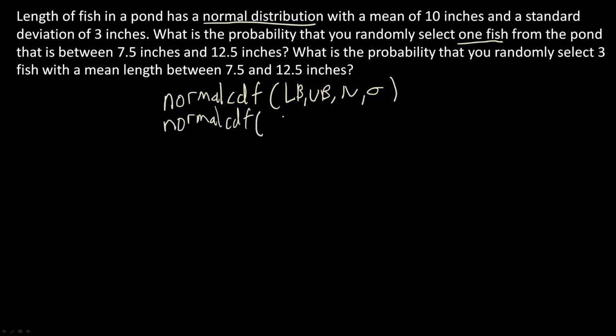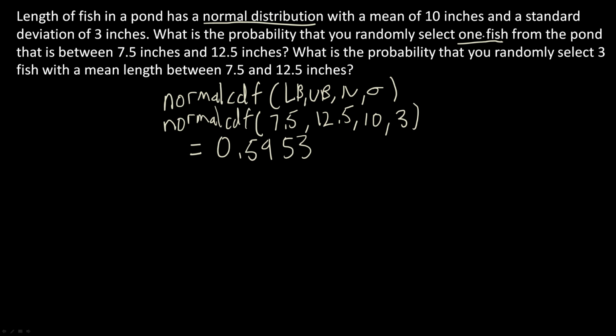We get the lower bound, which is 7.5 inches, the upper bound of 12.5 inches, the mean of 10 inches, and the standard deviation of 3 inches. If you insert this into your calculator, you should get that this is equal to 0.5953. So the probability that I randomly select one fish from the pond between 7.5 and 12.5 inches would be 59.53%.